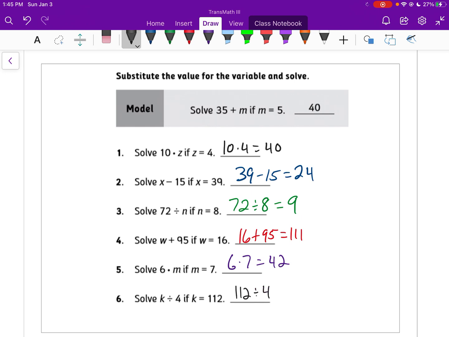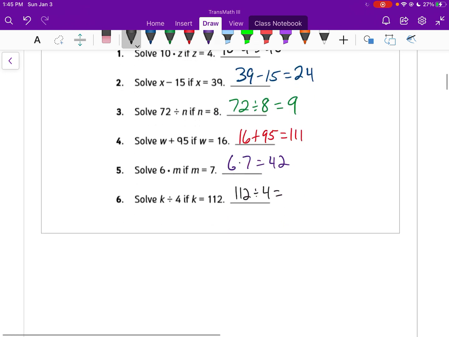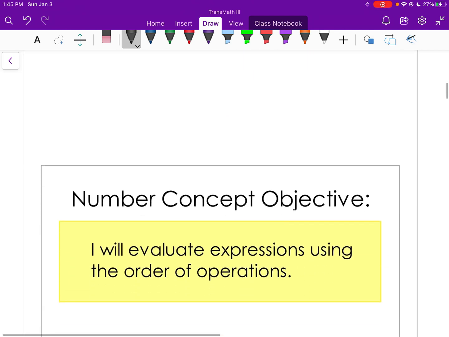Let's go ahead and write this one out. 4 goes into 11 2 times, and we get 8. When we subtract, we get 3, bring down that 2. 4 times 8 is 32, so 28. So we will get 28 for our answer there. All right, so that is our skills maintenance.